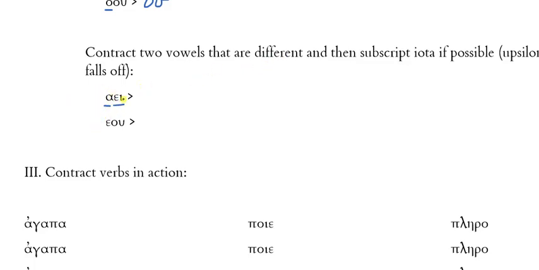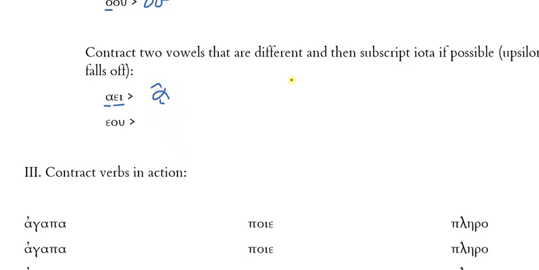And then if there's an iota dangling at the end, it's going to subscript. Why? The result of the contraction will be long, won't it? And iotas will subscript where? Under a long vowel to the left. So take alpha meeting an epsilon iota. The alpha epsilon will contract to long alpha. The iota will subscript under it. Okay, and then I'll usually see a circumflex there.